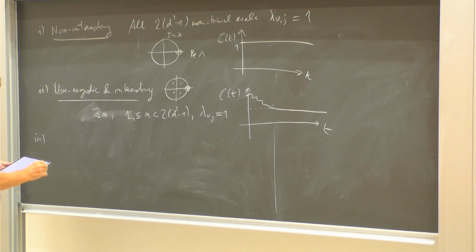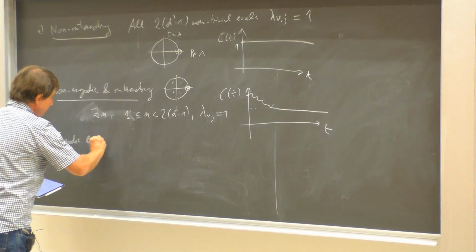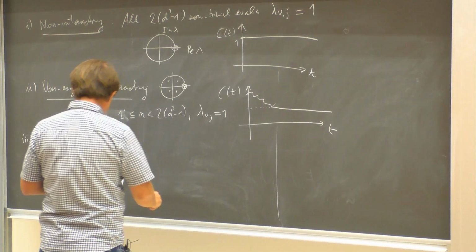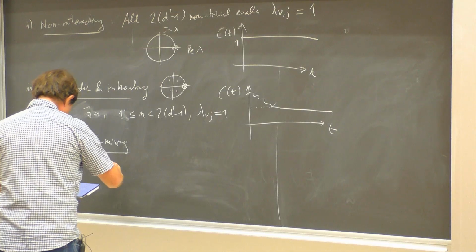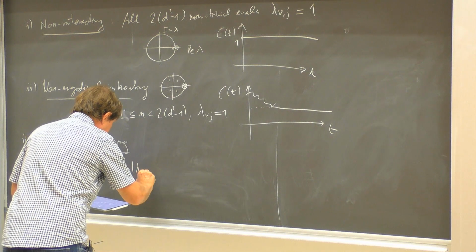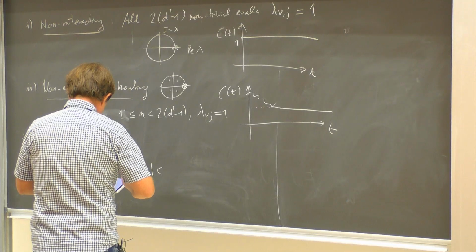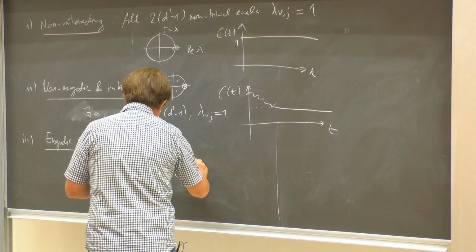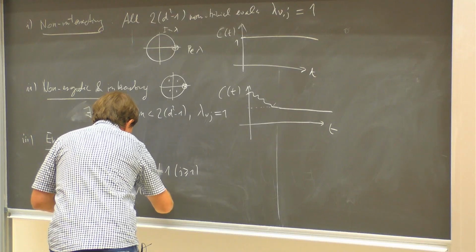Number 3 is ergodic but not mixing. That means that all the non-trivial eigenvalues are different from 1, for j larger or equal to 1, but there exists an eigenvalue whose absolute value is equal to 1.